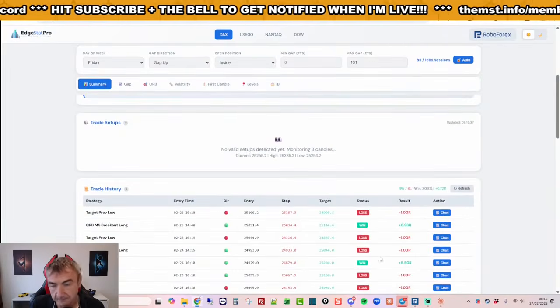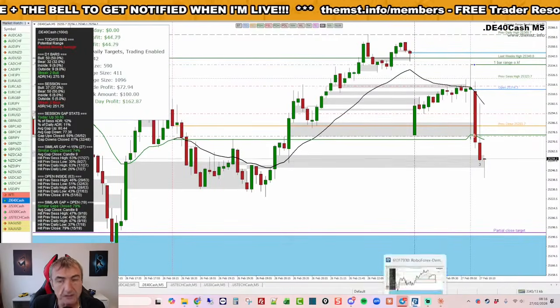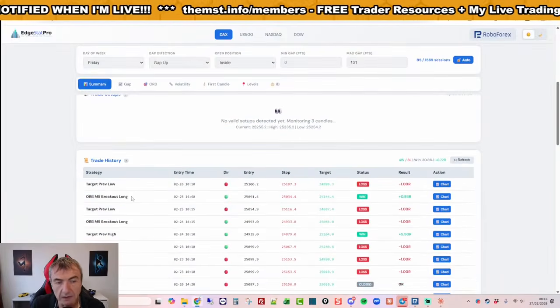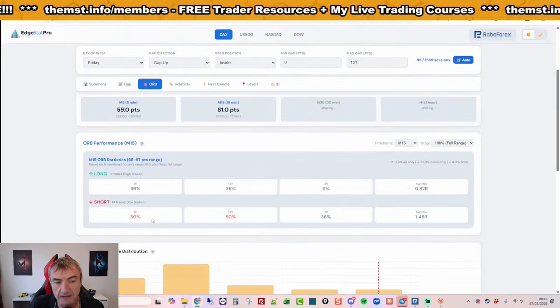No trades so far today. He's not trading ORBs. He does trade ORBs, actually, but you see he's got ORBs here. But he will only trade the ORB if the statistical advantage is there, yeah?